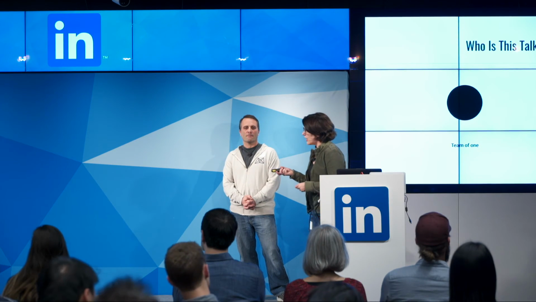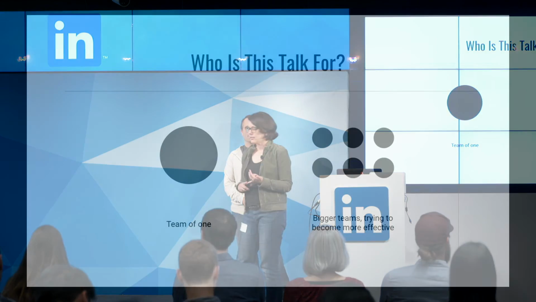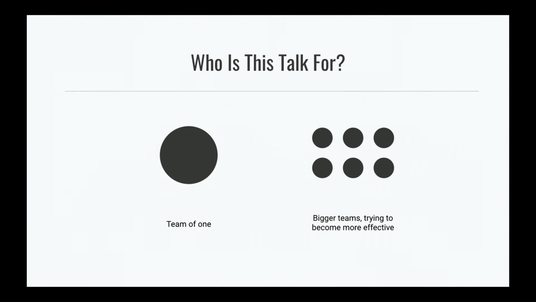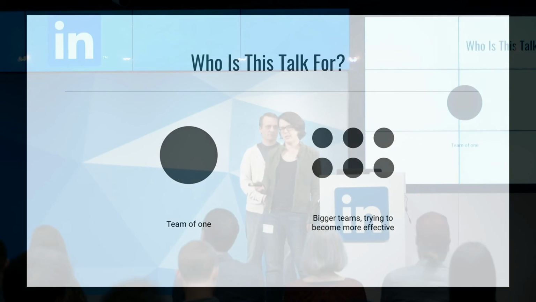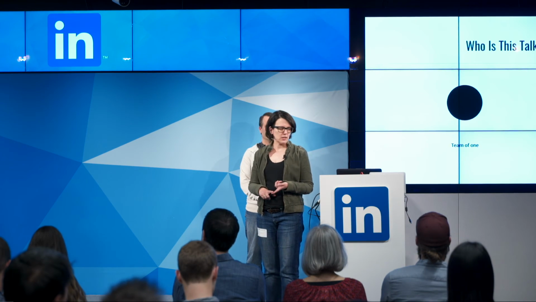Cool. So let's talk about you. Who is this talk for? This talk is for a team of one, and bigger teams trying to get their act together. I have this definition of getting your act together, which I think is funny that somebody defined it. From the Cambridge Dictionary, it says, to start to organize yourself so you do things in an effective way. What design systems will do is keep you organized, and organization helps communication.